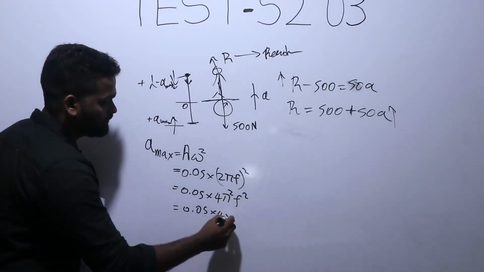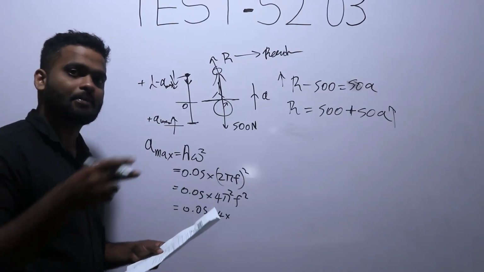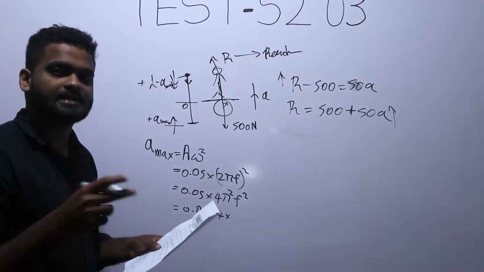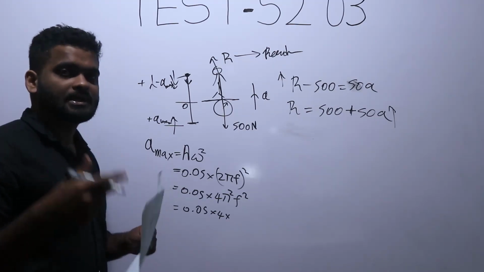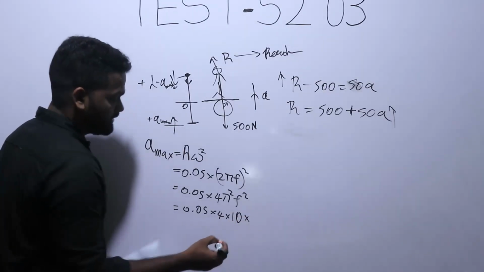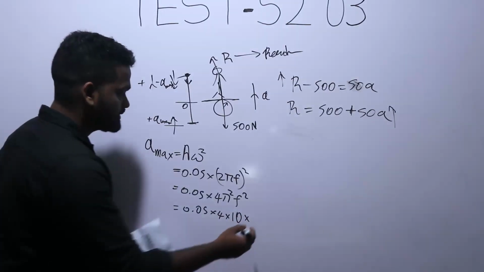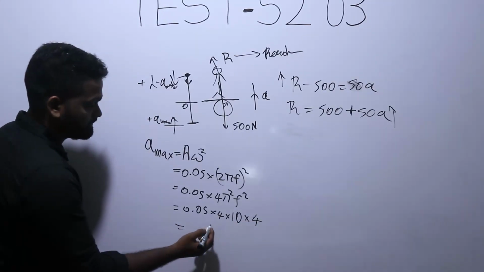Pi squared is approximately 9.8, approximately we can say 10. Frequency is 2 Hz, so f squared is 4.